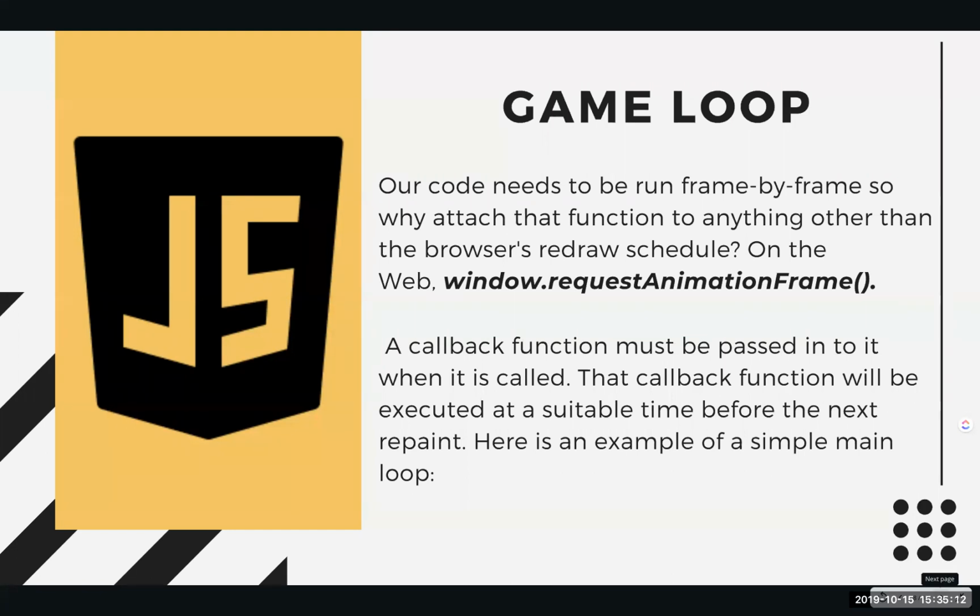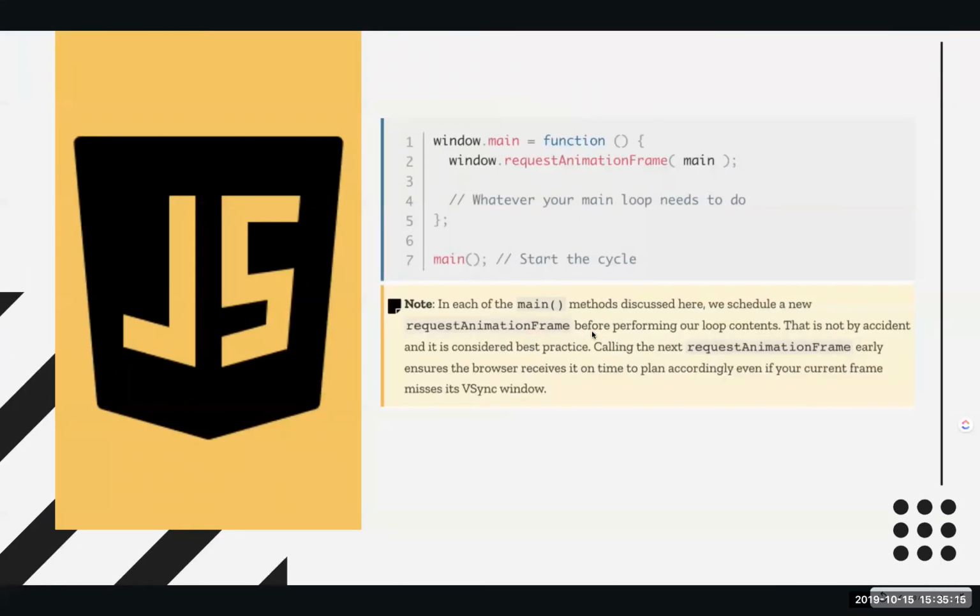Awesome. Yeah. So, all right, this explains more about the request animation frame. Just a note, in each of the main methods, these guys here, we schedule a new request animation frame before performing our loop content. So just think of request animation frame as an endless loop that for every frame, redraws your entire components.